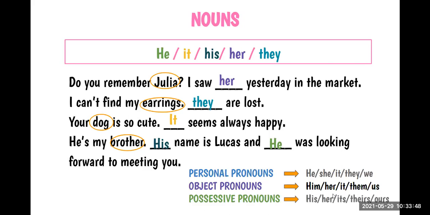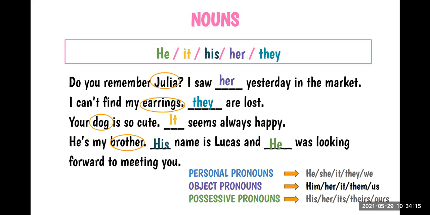So we have the personal pronouns, which go before the verb, okay? Then we have the object pronouns. The object pronouns go after the verb, okay? And then we have possessive pronouns when we are describing that something belongs to someone, okay?